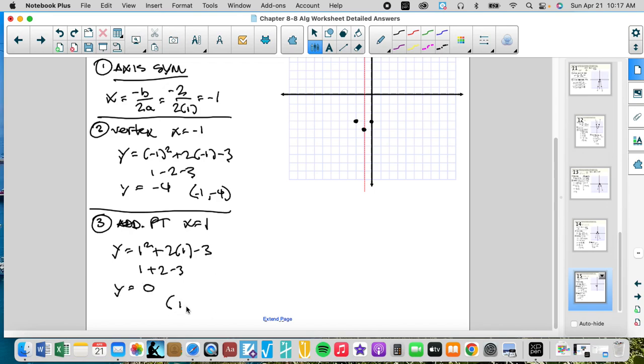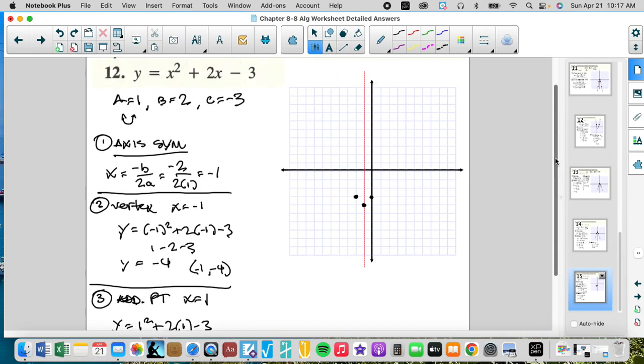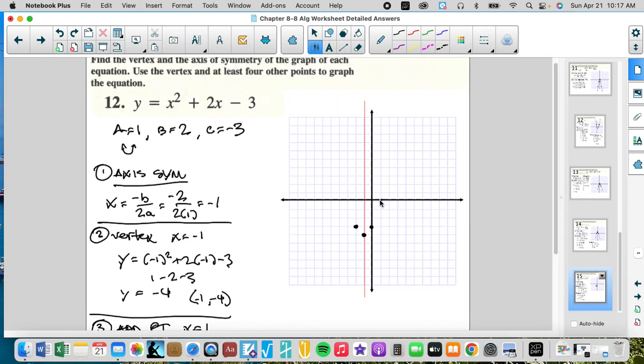So that additional point is 1, 0. So 1, 0 is right there. It is 2 away from the axis of symmetry on the right, so it will be 2 away from the axis of symmetry on the left. And there's my parabola. Yes, love it.